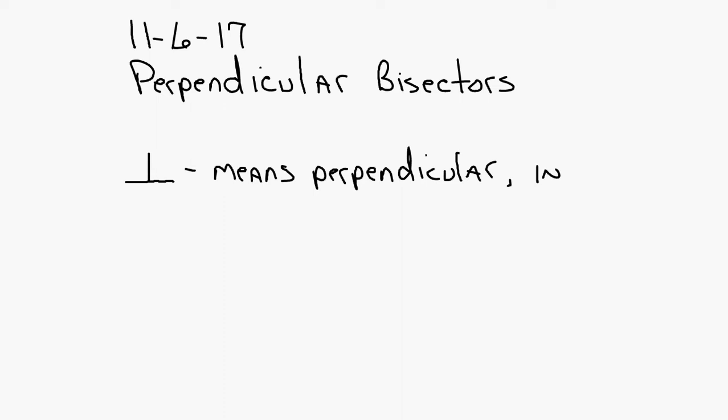Intersects at 90. So we shouldn't have to write that word out anymore this year. We should be able to just use this symbol, the upside down T. That means perpendicular.